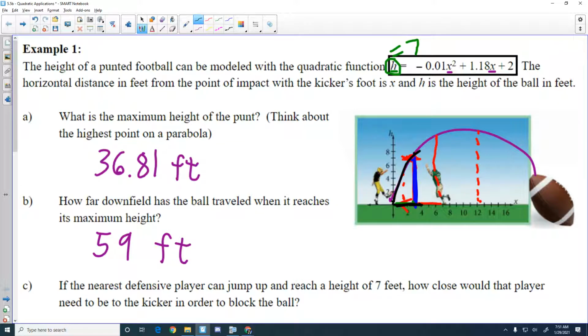And so that's telling us, all right, this guy right here that can jump 7 feet, he's got to be 4.4 feet away from that punter or closer, right? Because if he's closer, the ball would still be a little bit lower, closer to the foot that's kicking it. But if it's, say, 5 feet away, then the ball will be too high. The ball will be greater than 7 feet high, and the guy couldn't jump up to try to block it.